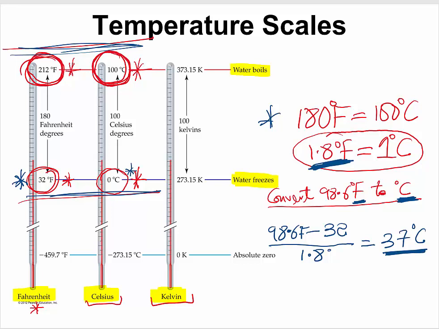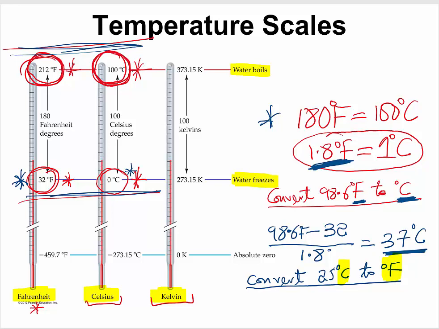Let us also look at how to convert from Celsius to Fahrenheit. Let us take a look at this. Convert 25 degrees Celsius to degrees Fahrenheit. If we want to do that, again, we need to know what we're trying to do. We're going from Celsius to Fahrenheit. We expect to get something that is bigger in value.